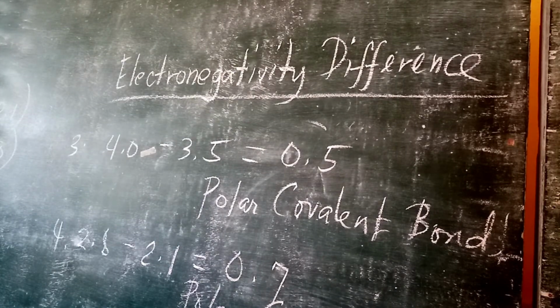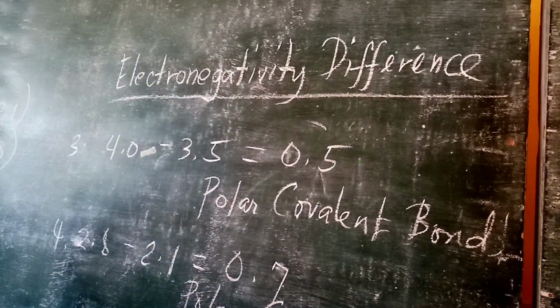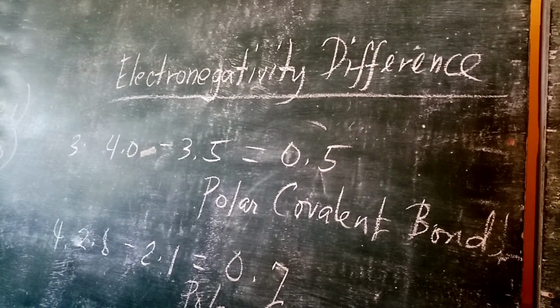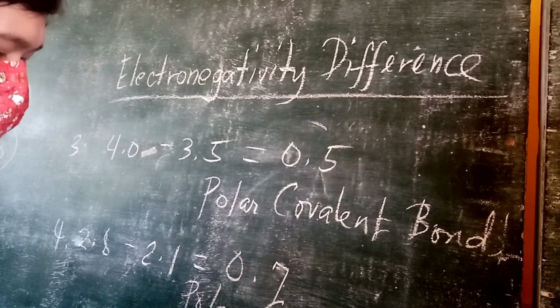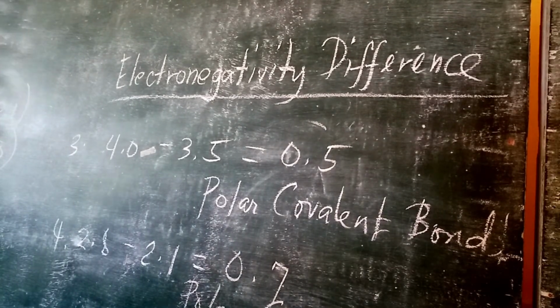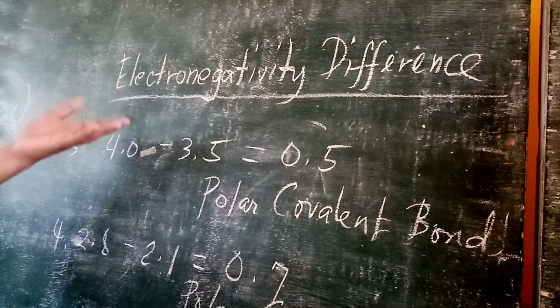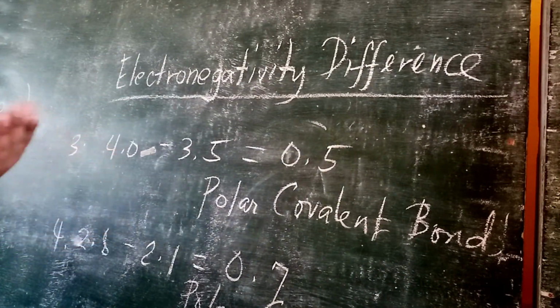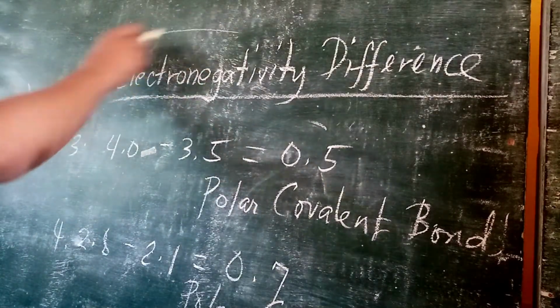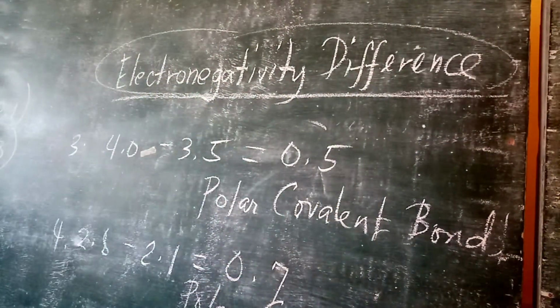So making it 0 to 0.4, that is non-polar covalent. Okay, so these are our examples. So you know now how to determine the type of bond according to their electronegativity difference.